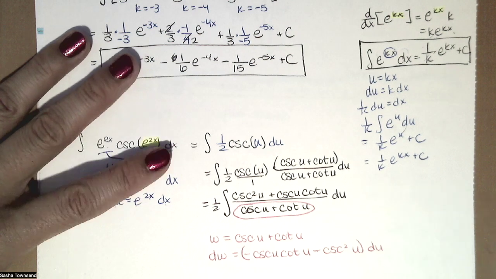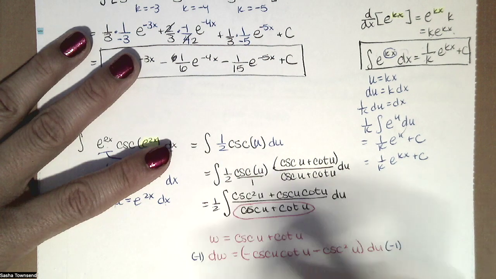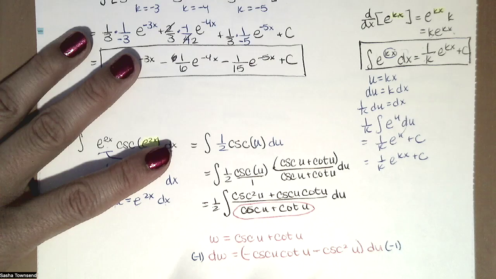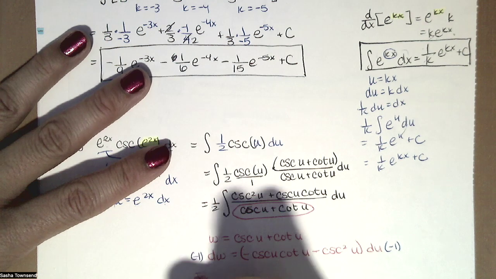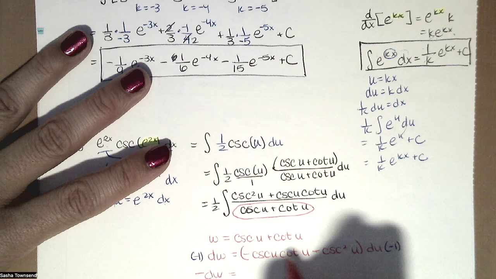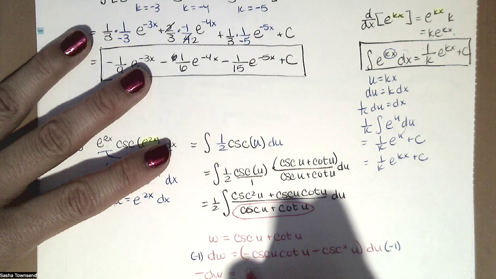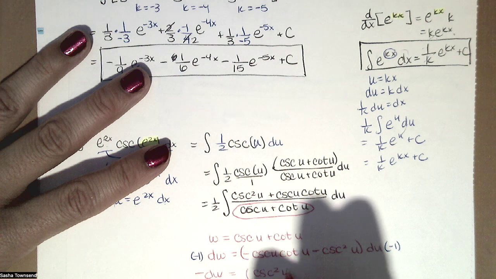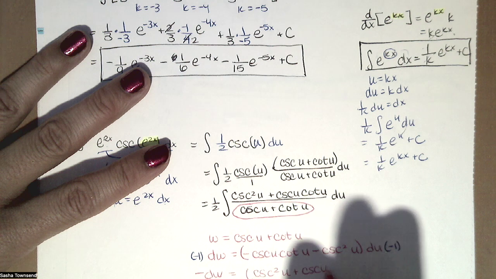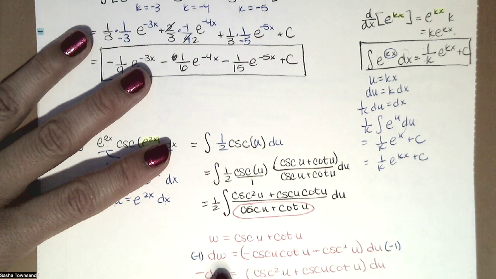So I'm going to multiply both sides by -1 in order to make that expression on the right equal to my numerator. And if you want to, you can distribute. If I multiply that -1 through and change the order so that it looks more like our numerator, we've got cosecant squared u plus cosecant of u cotangent of u du is equal to -1 times dw.